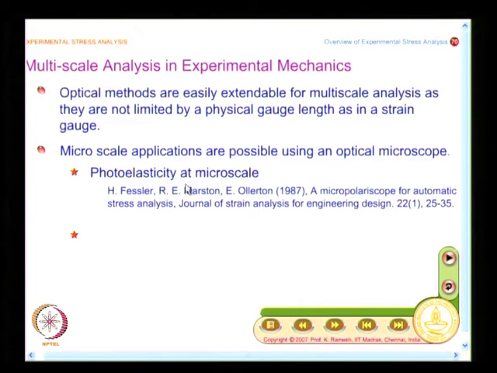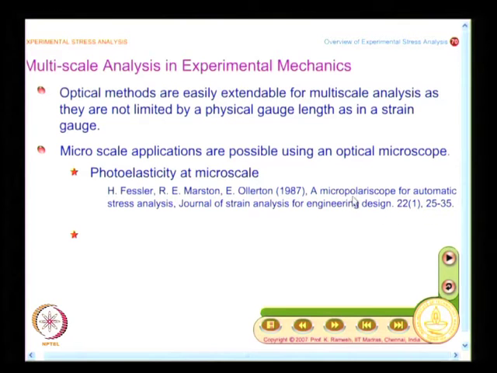So, photoelasticity at microscale, you have H. Fessler et al. It was published in 1987, and you have a micropolariscope for automatic stress analysis. This was published in Journal of Strain Analysis for Engineering Design. You just write it as JSA, and the issue number and page numbers are noted.